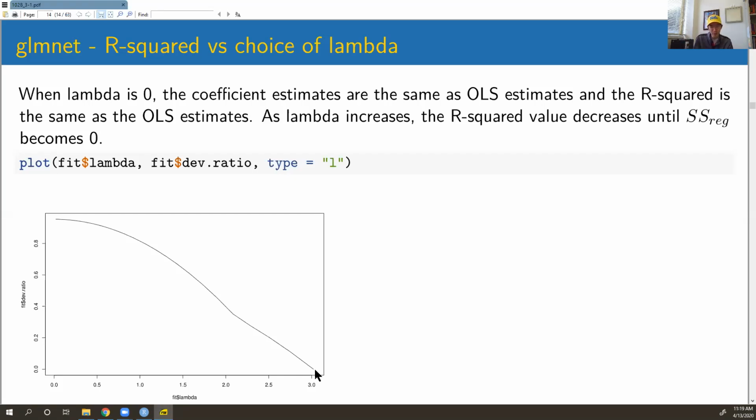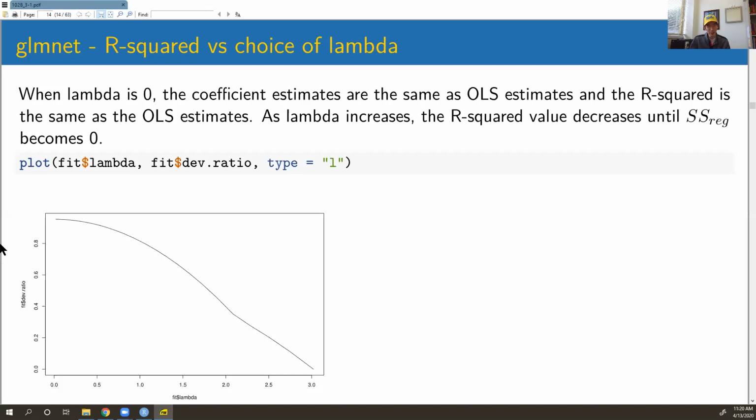You might say, well, why would we even want to do this? Why would I intentionally shrink my coefficients to a smaller value so that my R squared value goes down? This seems self-defeating. Why would I do LASSO?